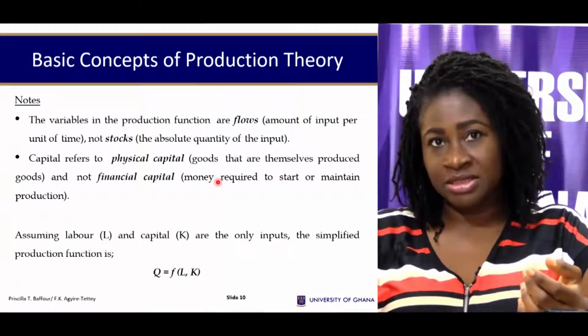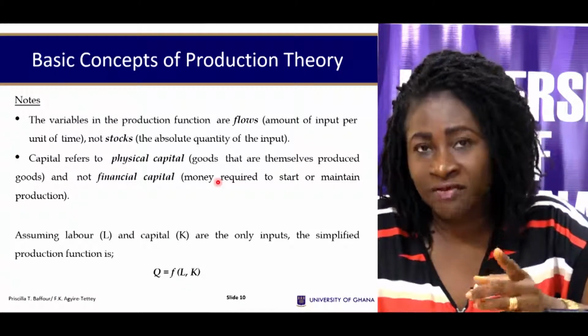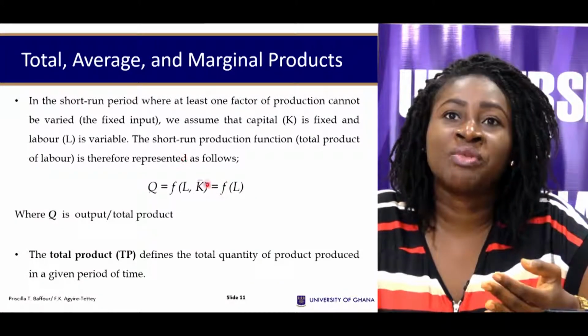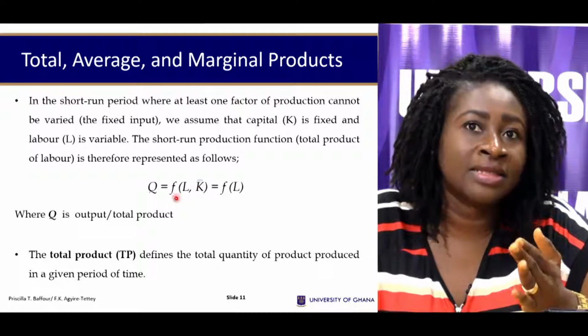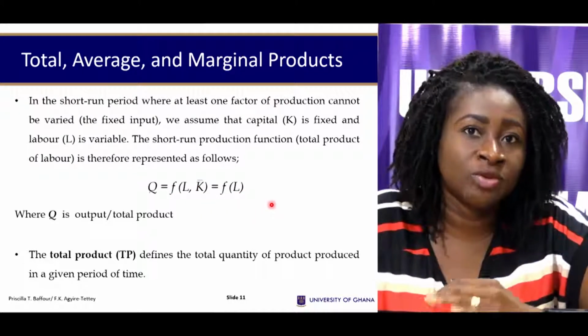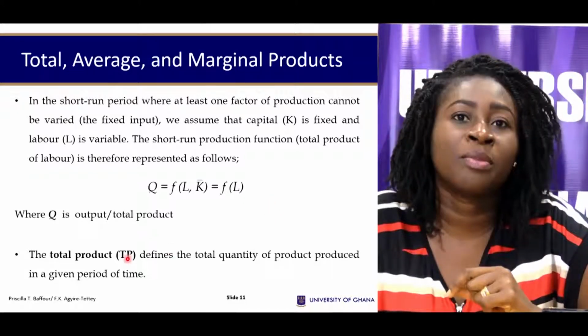So this is the production function, which is Q as a function of K and L. So in the short run, I am assuming that capital is fixed and labor is the only variable factor, right? So we change labor to change output. That is the point here.